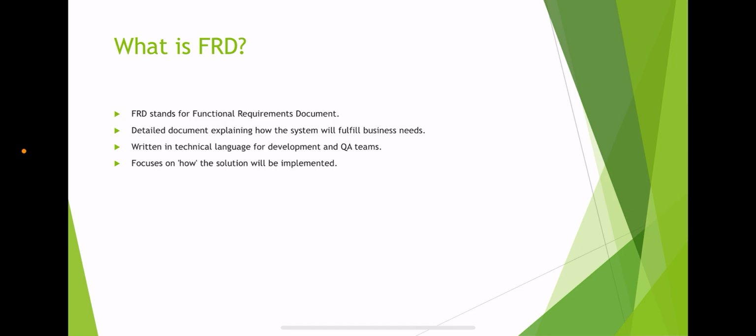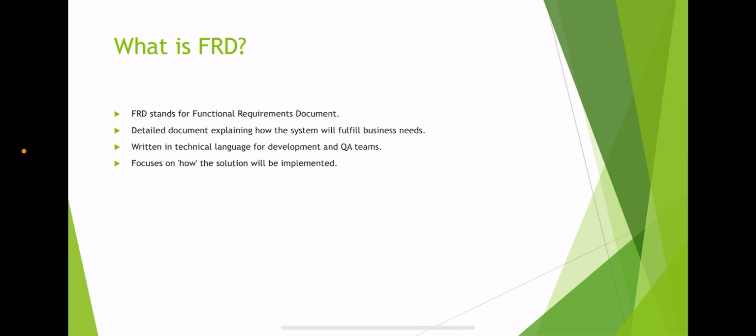So as we know, FRD means the Functional Requirement Document, which is more detailed than the BRS. It is a detailed description of the points mentioned in the BRS document. It is in very technical language, and it mentions how to develop a particular functionality or part of the application.